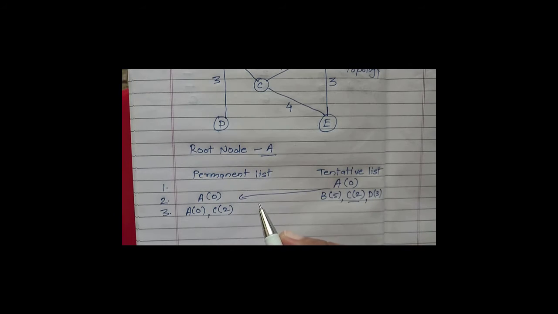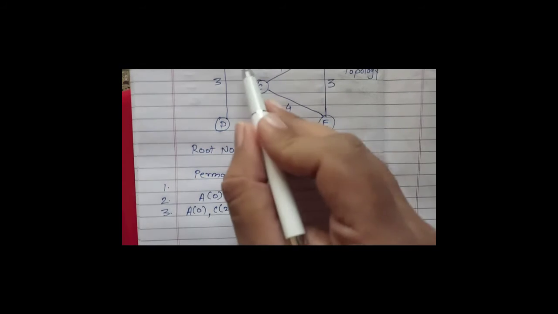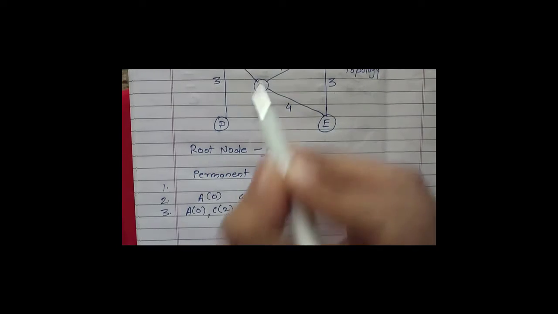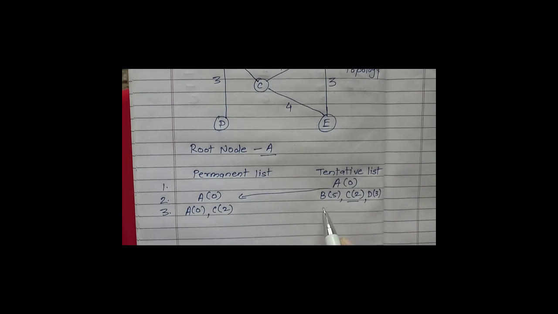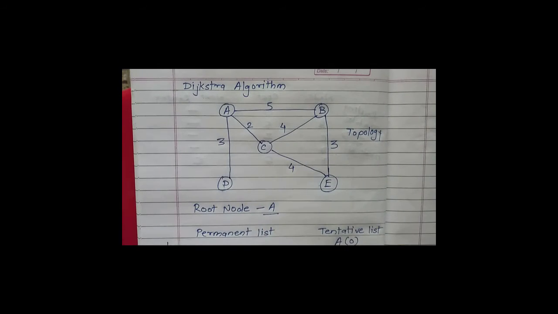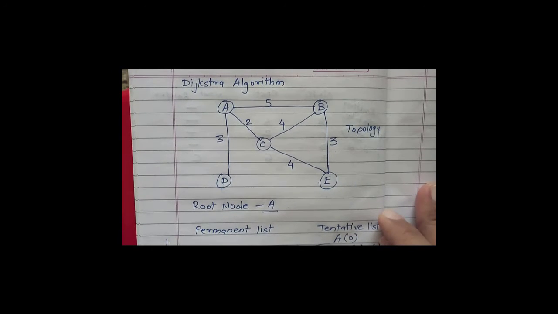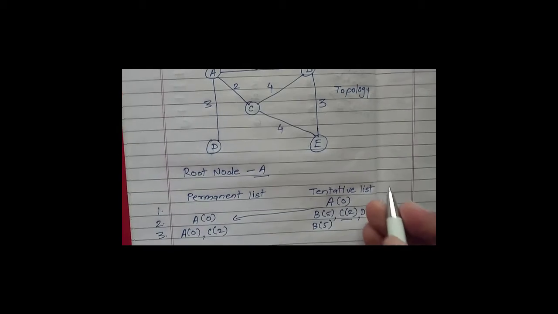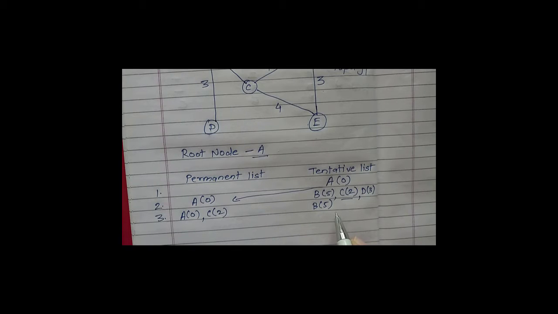However, we also find that B is already in the tentative list with cumulative cost 5. Node A could reach node B through C, but the cumulative cost to reach B from A via C will be 6, which is more than 5. So B will be 5 from A to B, and we will consider D as it is.